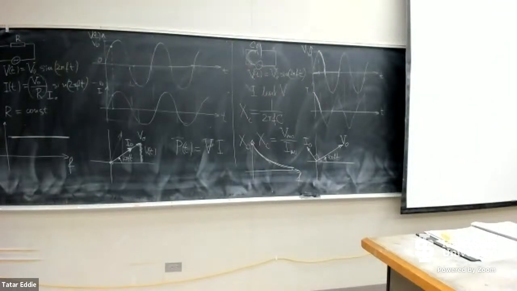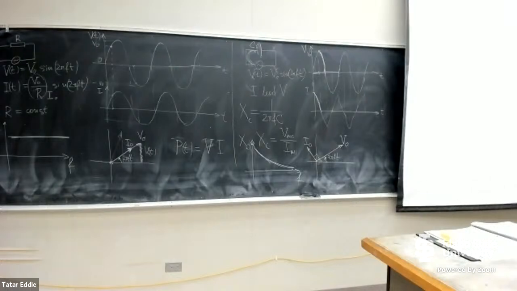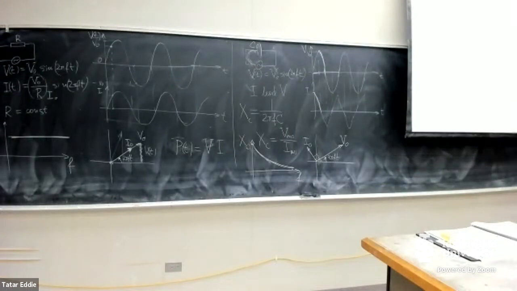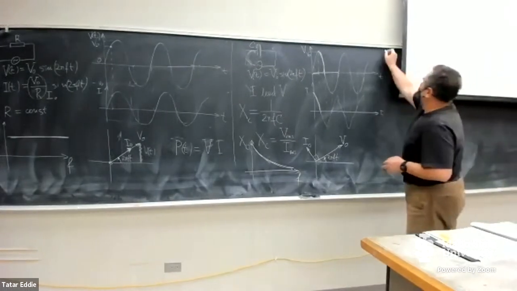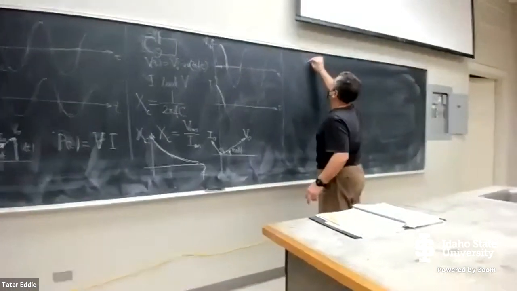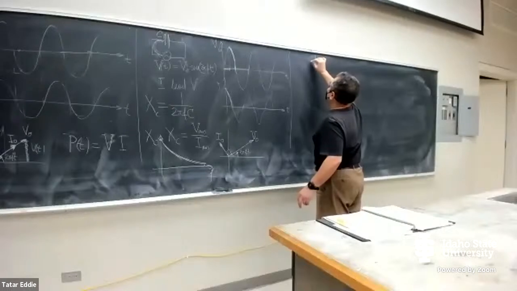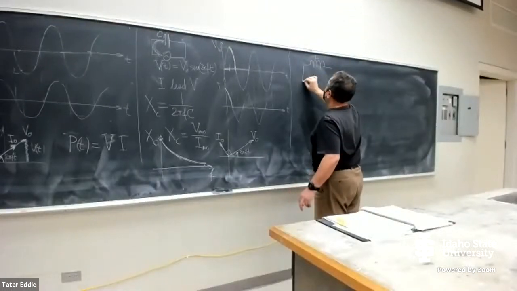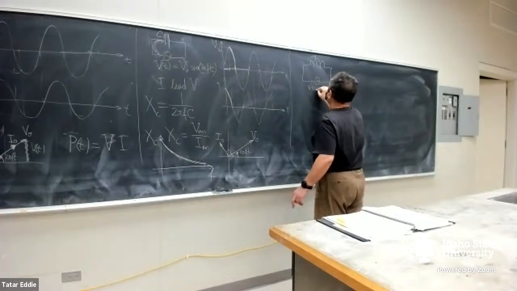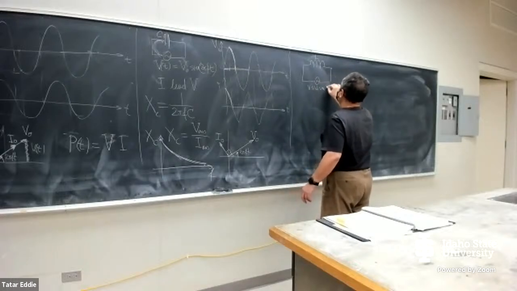The last simple circuit that we have to describe is a circuit that contains a single inductor with inductance L connected to an AC power supply, like this. V equal to V naught times sine of 2 pi f t.